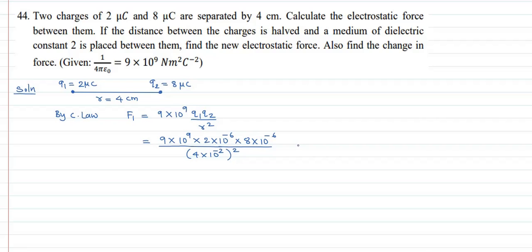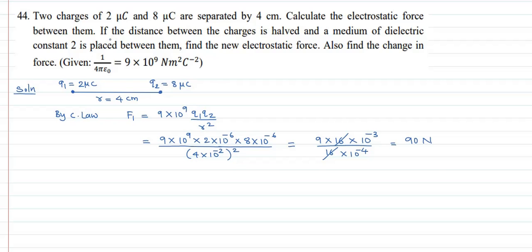Simplifying, 9 into 2 into 8, that is 9 into 16, into 10 raised to minus 12 plus 9, which is minus 3, divided by 4 square, 16 into 10 raised to minus 4. So 16 gets cancelled. If you simplify, you will have 90 Newton.